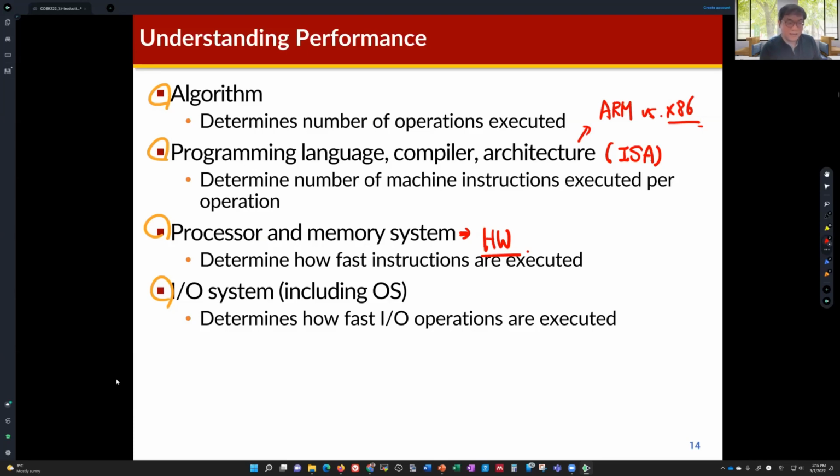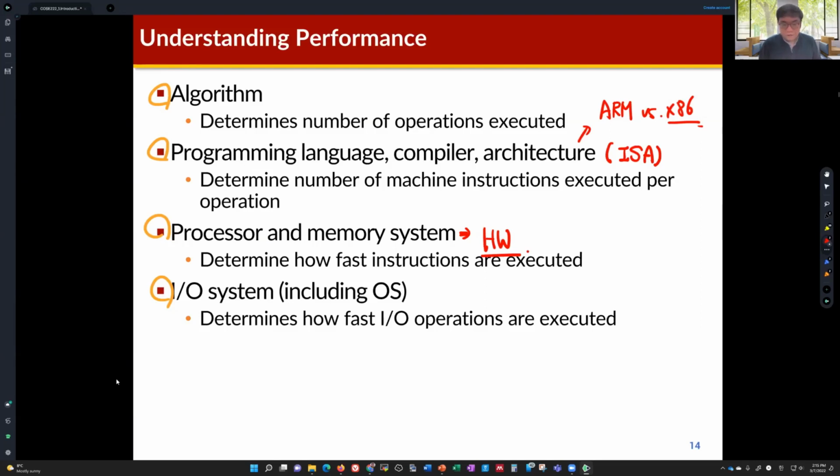If the smartphone has a larger main memory, then we can expect that, oh, this smartphone is better, and the performance of the smartphone is higher than the other smartphone that has a smaller main memory. So these are related to hardware architecture.